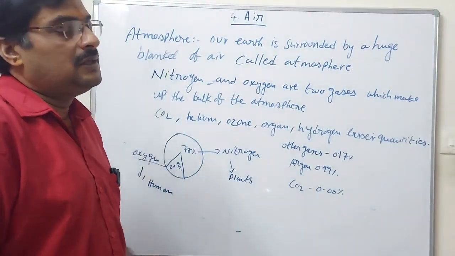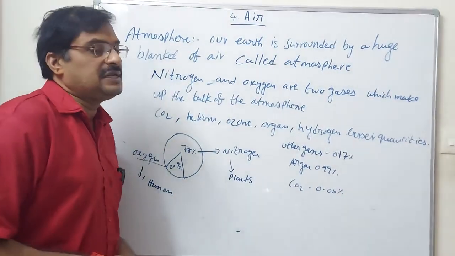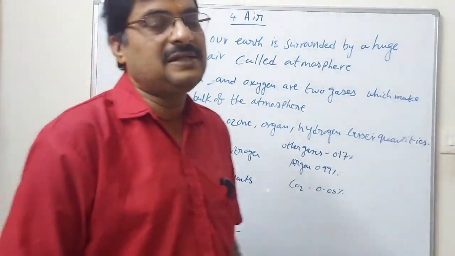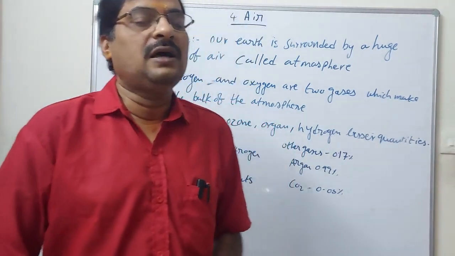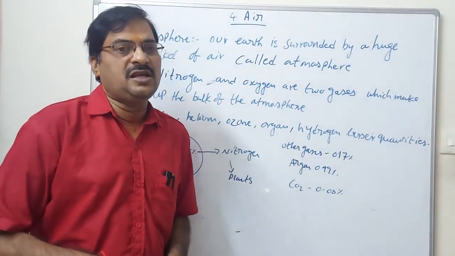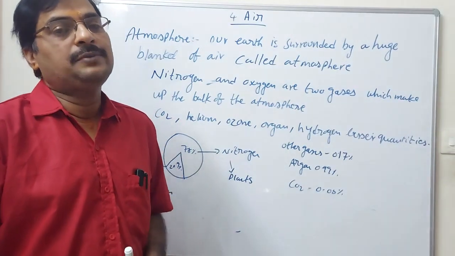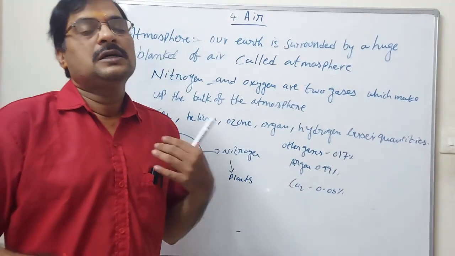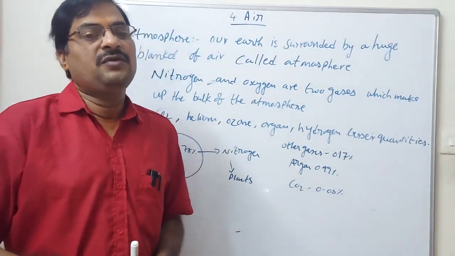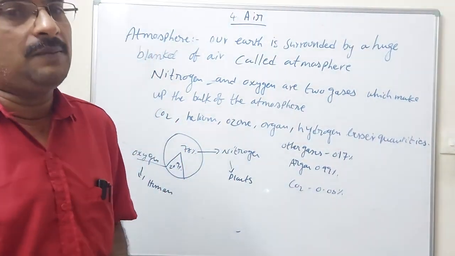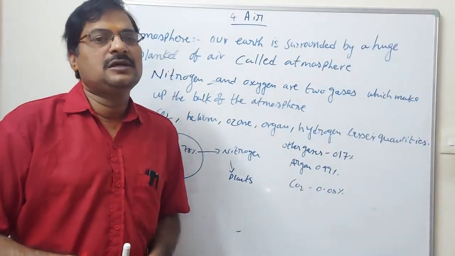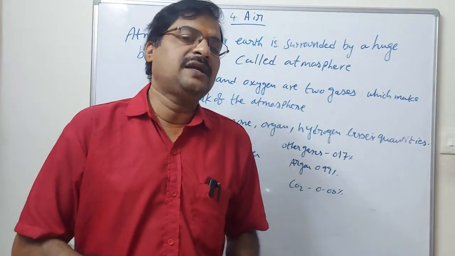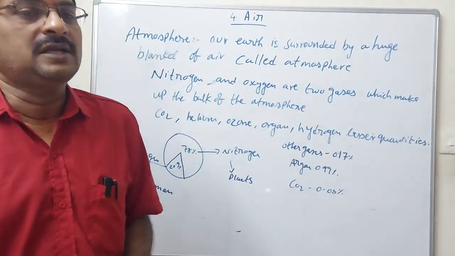Around the earth, we have 78% nitrogen. Nitrogen is very important for plant growth, because plants absorb the nitrogen and give output with the use of nitrogen. Plants also absorb CO2, carbon dioxide, and release oxygen.